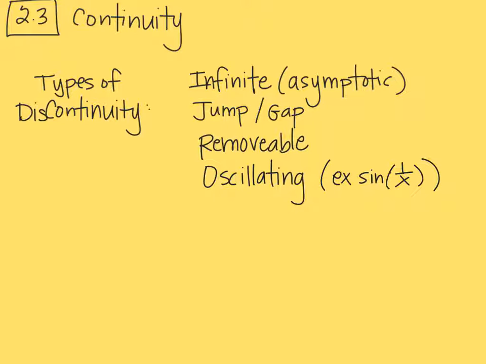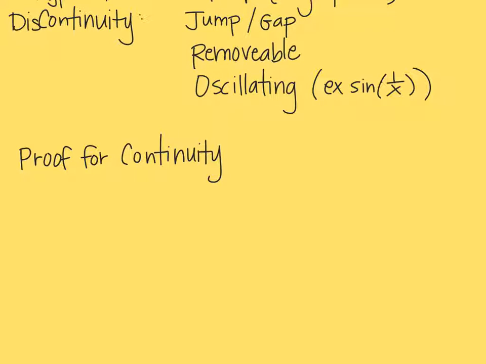All right, so then we need the proof for continuity. The proof for continuity is threefold. F of A must exist.